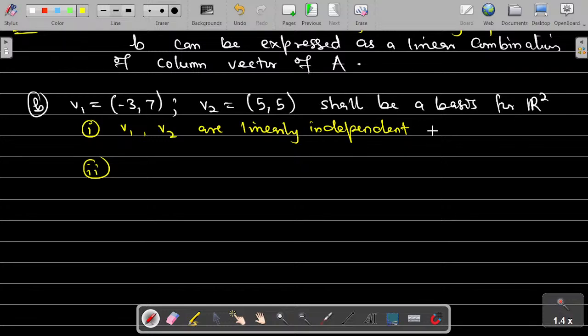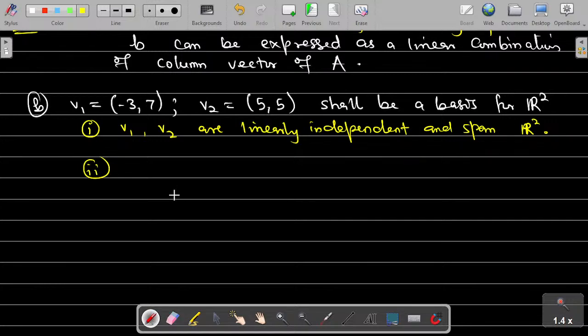Okay, let's put it together. They are linearly independent and span R2. So that's what we want to say there.